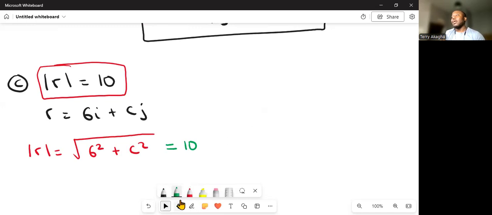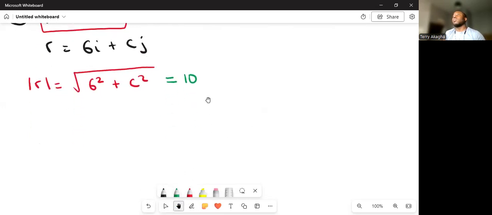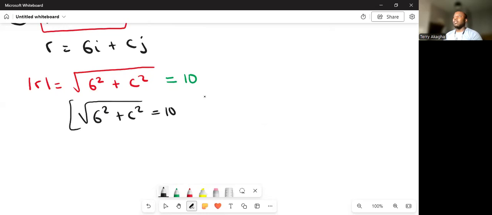So then we can continue. If we know this, then we can say the square root of 6 squared plus c squared is equal to 10. To get rid of this square root, I'm going to square both sides, raise both sides to the power of 2.